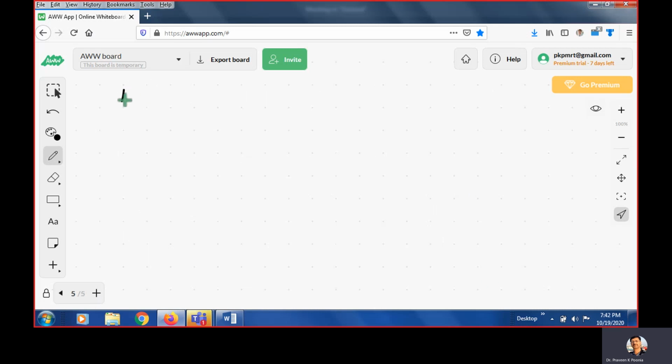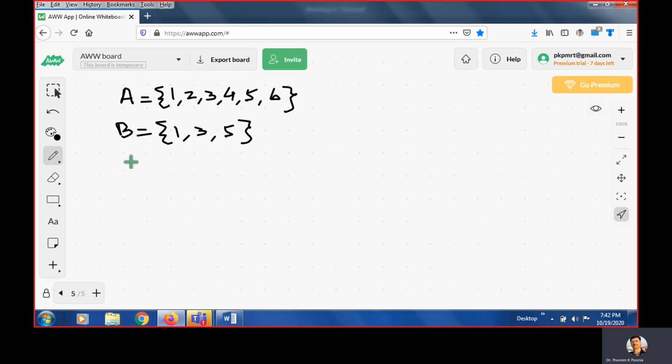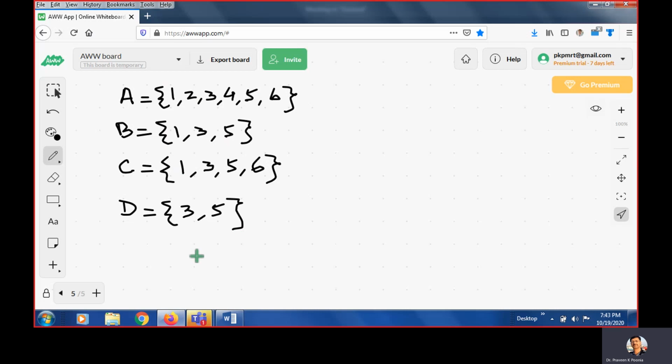If A equals 1, 2, 3, 4, 5, and 6. Clear? If I write B is equal to 1, 3, 5. I write C is equal to 1, 3, 5, 6. Clear? And D is equal to, I write 3, 5.